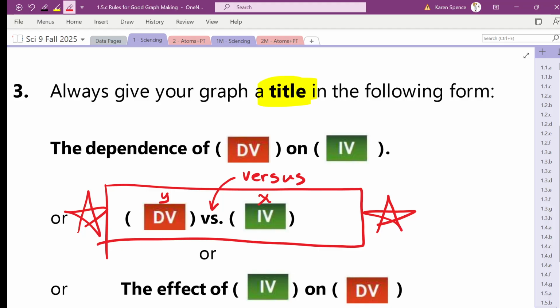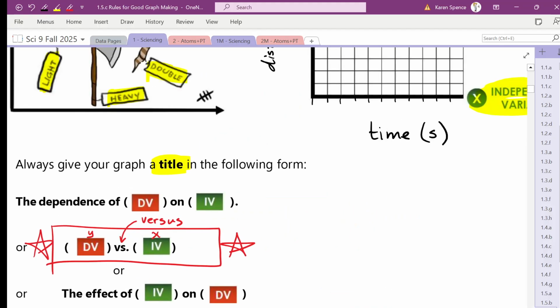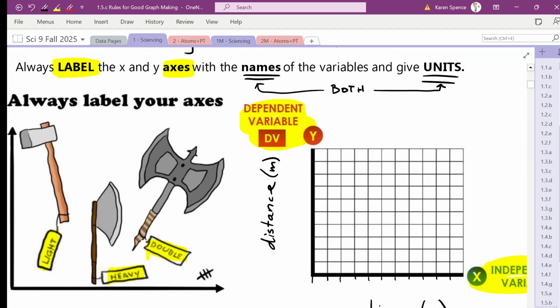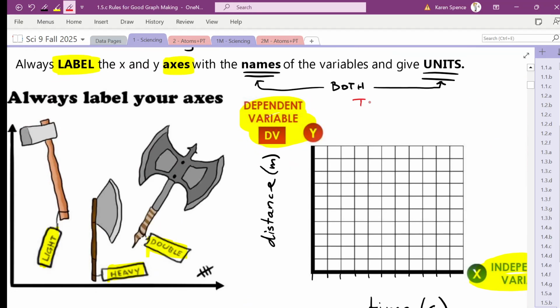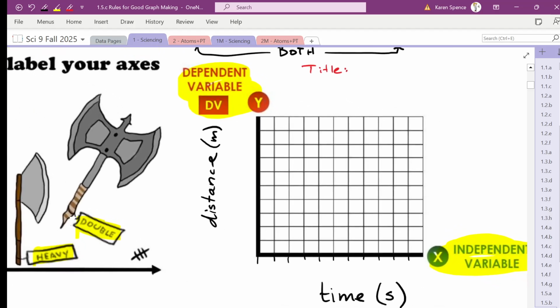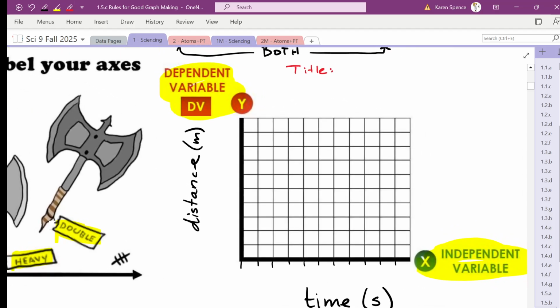So for our graph, we are going to write it as, here's our title. You wouldn't actually write title, but I'm going to write title so that we know that's what we're writing. What would we write first? Would we write distance first or time first? We would write distance first.